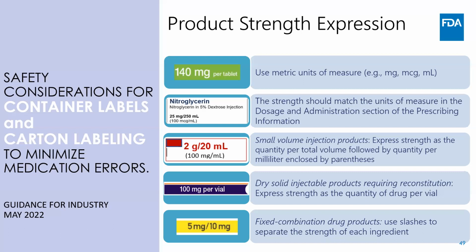And then for dry solid injectable products requiring reconstitution, we look to make sure that the strength is expressed as amount per vial. And then when you have fixed combination drug products, we recommend that slashes should be used to separate the strength of each ingredient on the container label and carton labeling to avoid any misinterpretation.